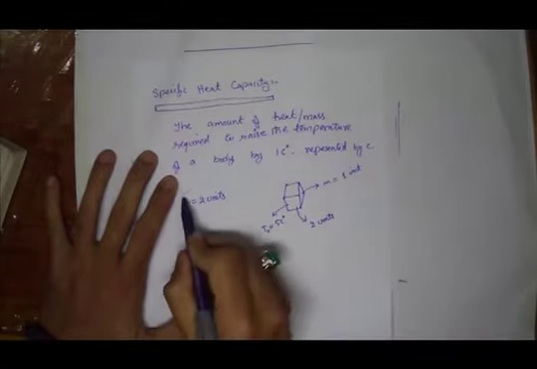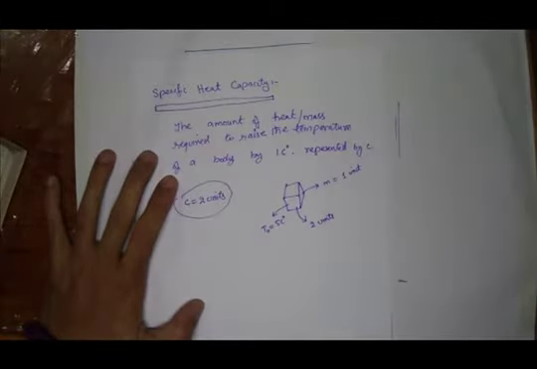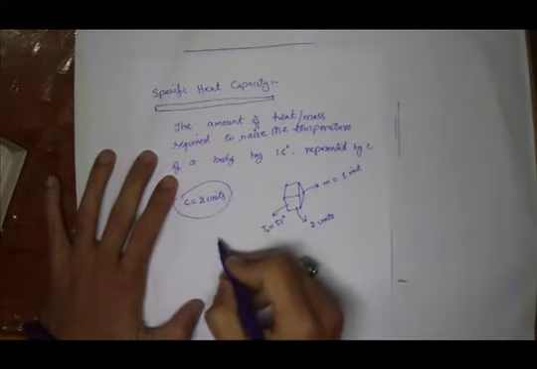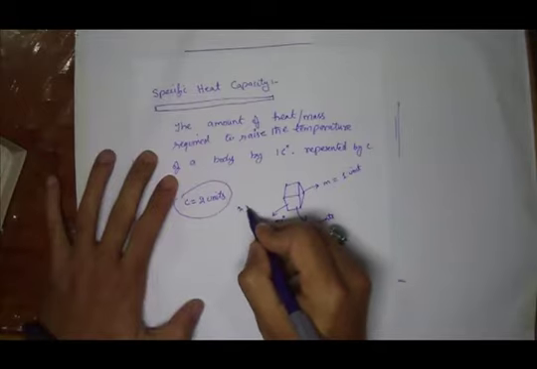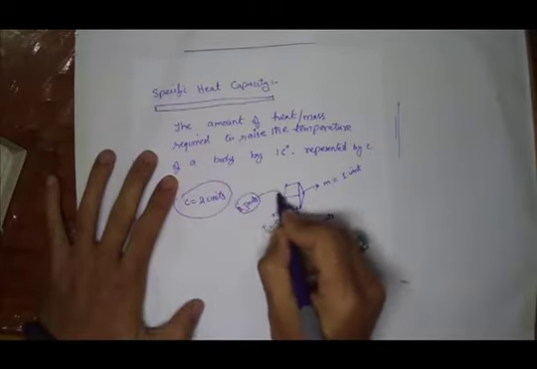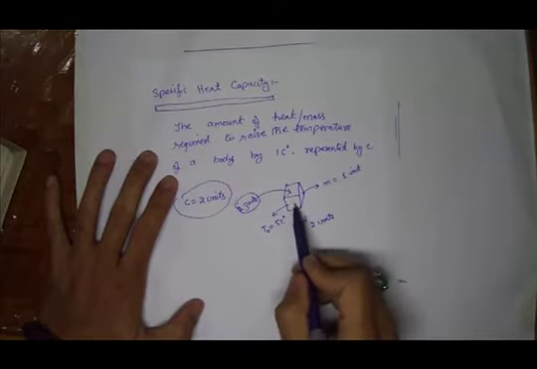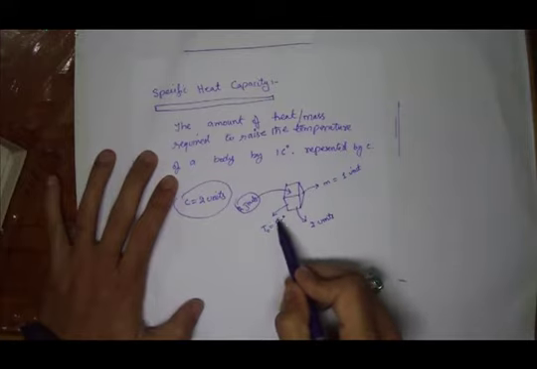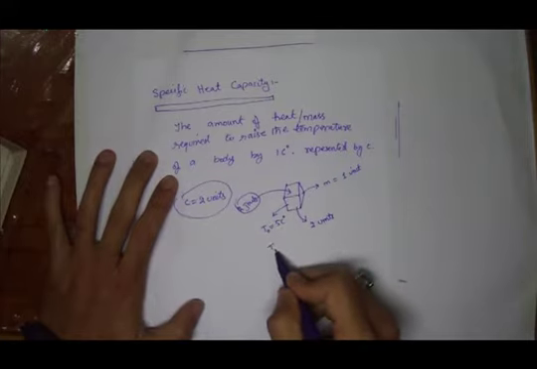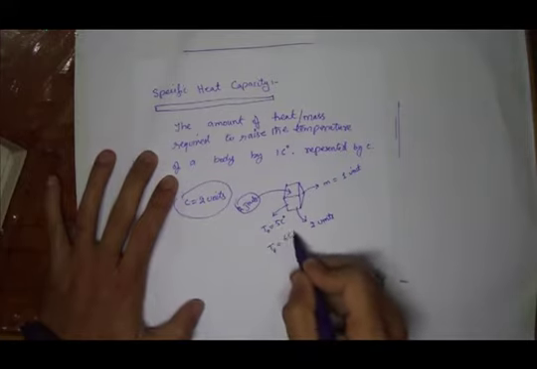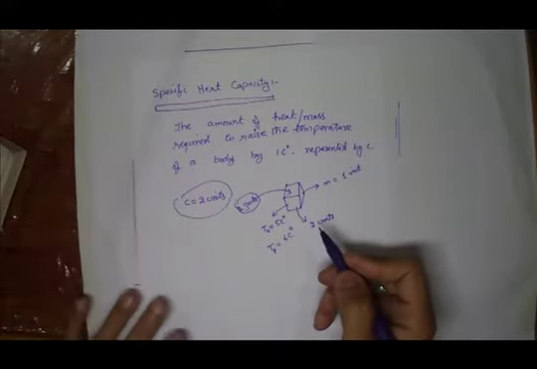Now, what does this thing mean, the specific heat? If we provide 2 joules, yeah, 2 units of heat to this object, then the temperature of this object increases from 5 degrees centigrade to 6 degrees centigrade.